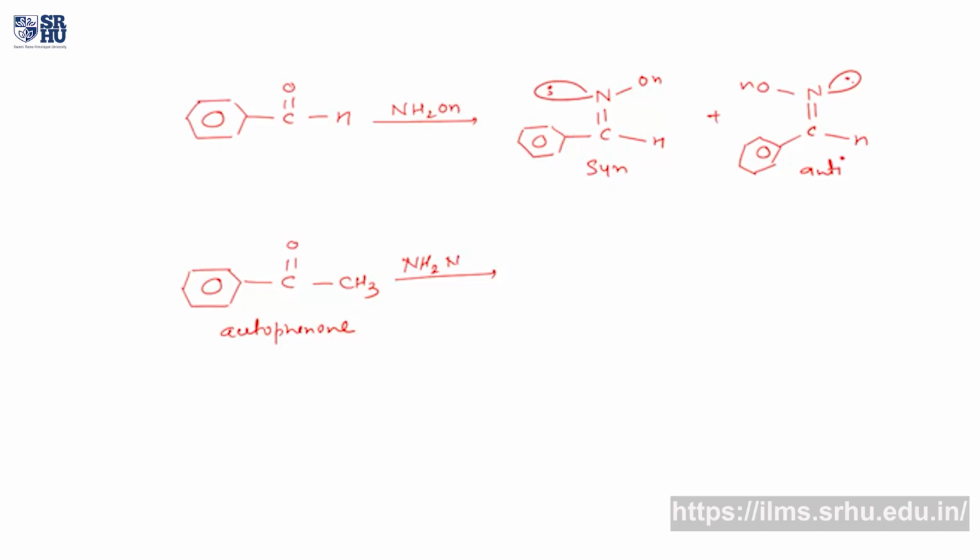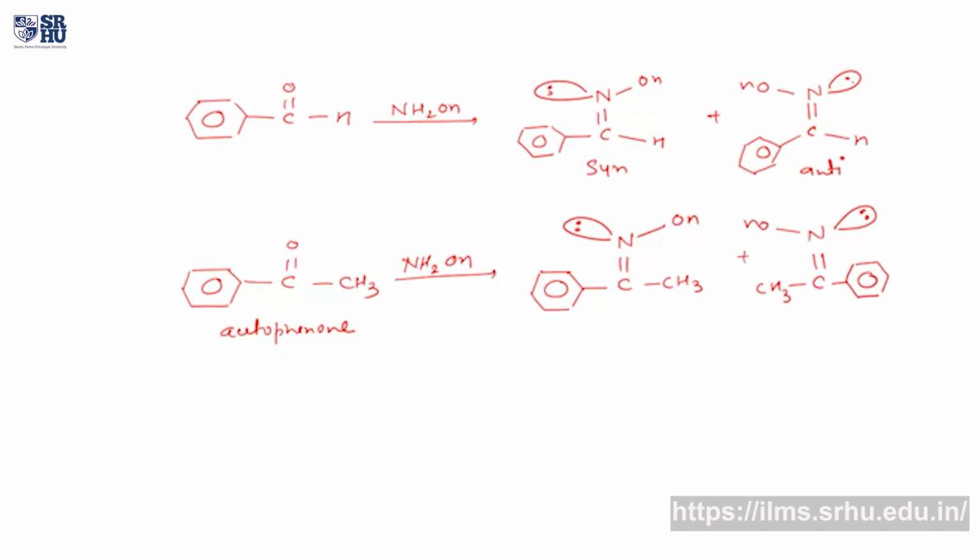When we react acetophenone with NH2OH, we see that there is a double bond to N. Now you will see that there is an electron pair and OH. You may get OH and CH3 on the same side, and you may get OH and CH3 on the opposite side.